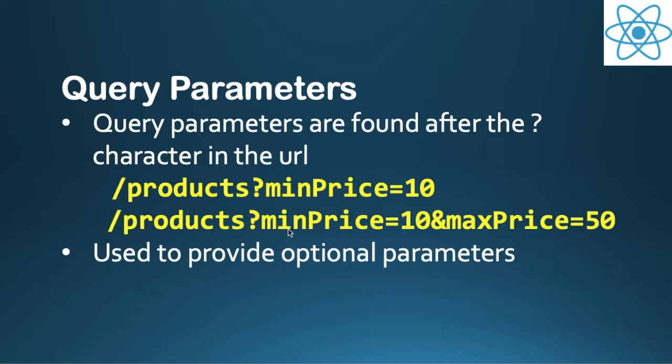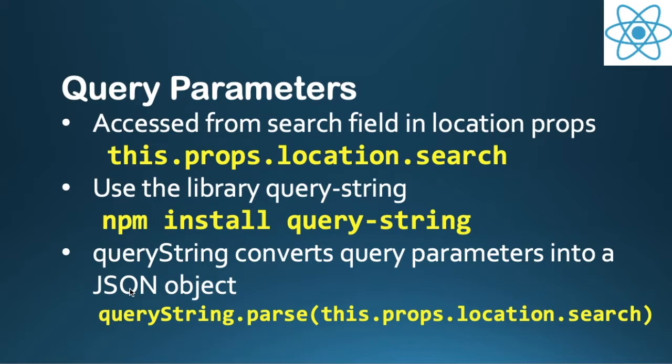So if we go back here, it will give us in this case a JSON with one key, which is min price, and value of it is 10. In this case, it will give us a JSON object with two key values, min price and max price. So using query string makes our life much simpler.